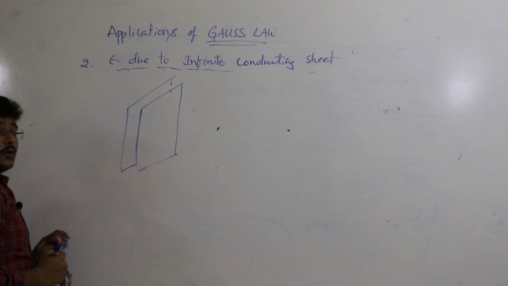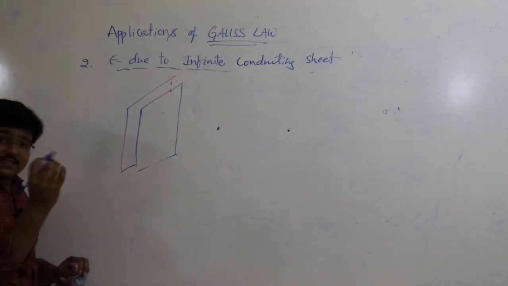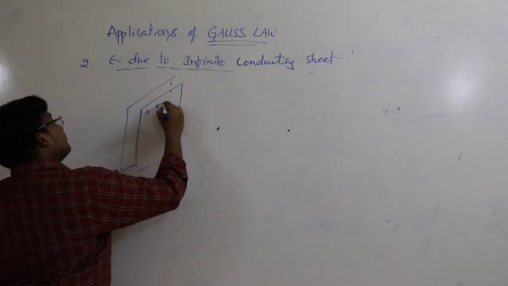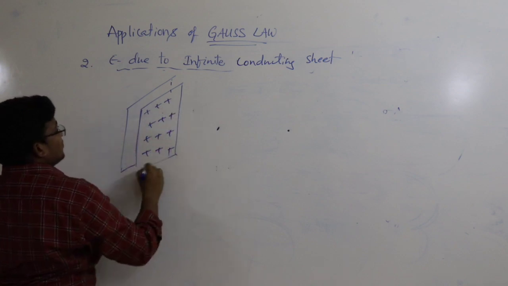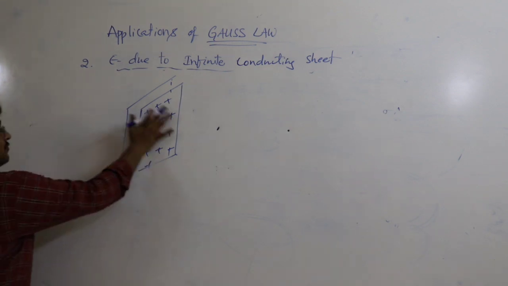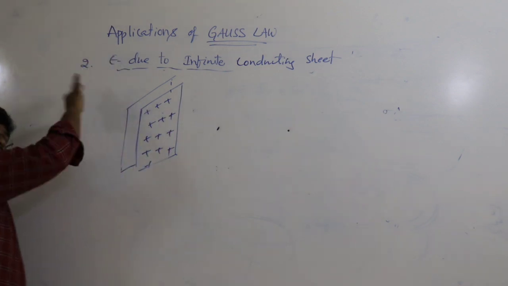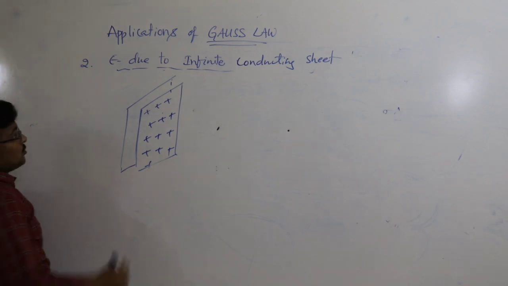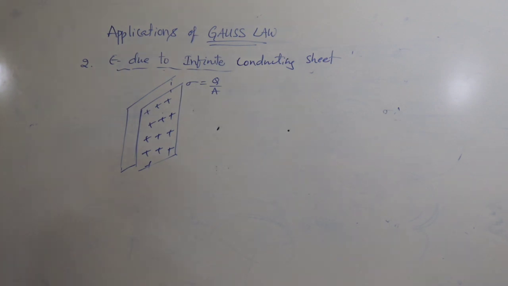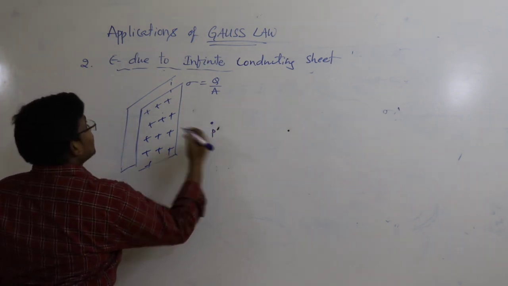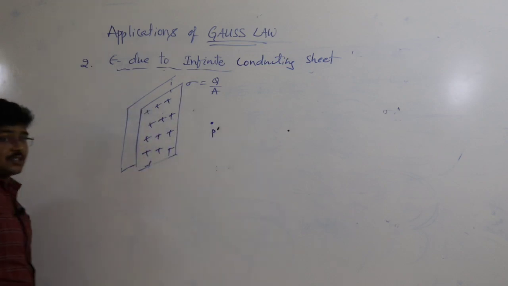For a conductor we know that when charge is given, it is present on the surface. So can I take that this surface will have some charge and the behind also has some charge. So the charge density is sigma, which is charge per unit area. Sigma is equal to Q by A. Now due to this I want to find the field over here at this point P, which is at some distance I have taken.